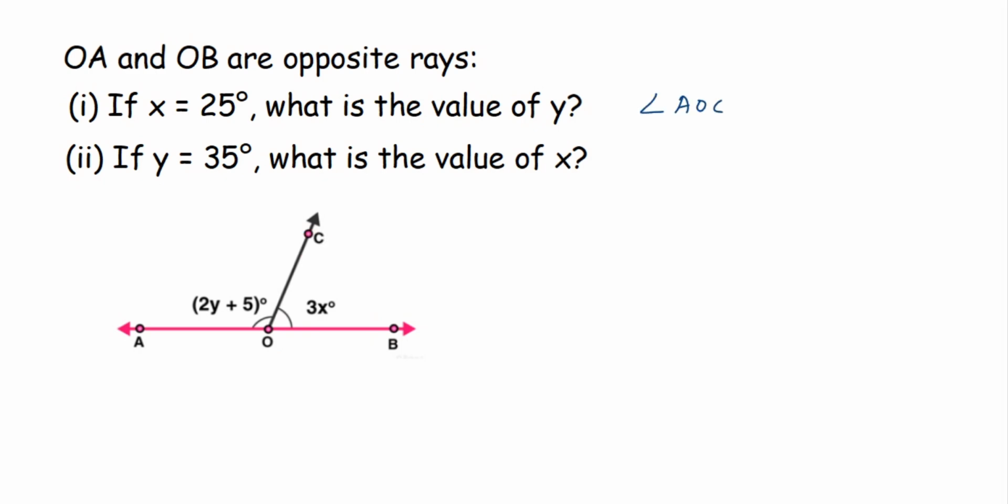Angle AOC and angle BOC form a linear pair. If they form a linear pair, the sum is equal to 180 degrees.